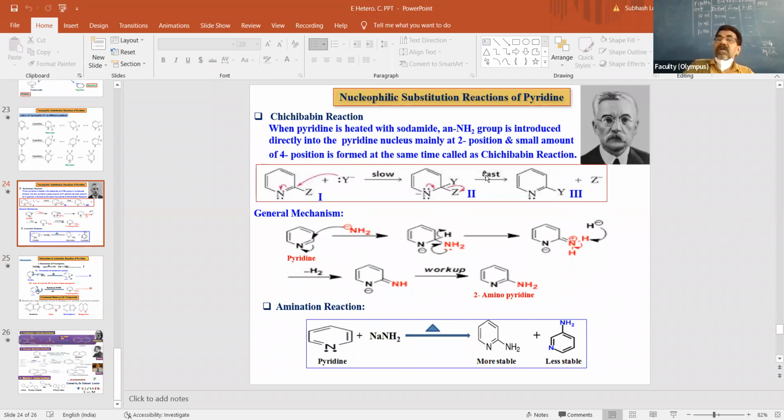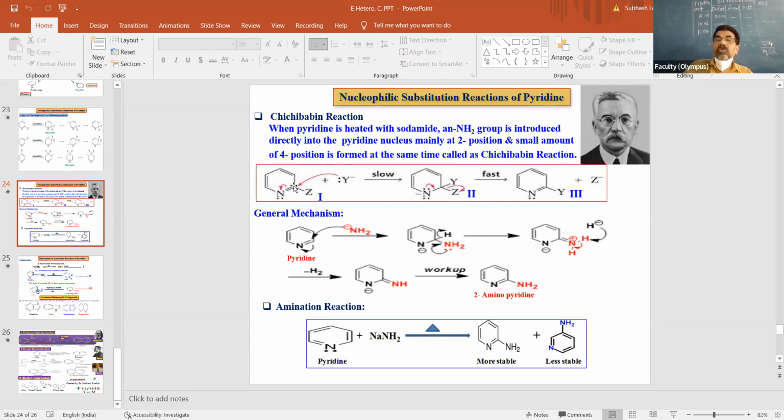When pyridine is treated with sodamide, a strong nucleophilic reagent, NH2 acts as the negatively charged nucleophile, whereas sodium acts as the electrophile, and it goes through nucleophilic substitution. You obtain the 2 position product and a small amount at the 4 position.